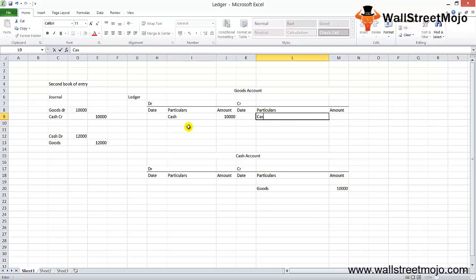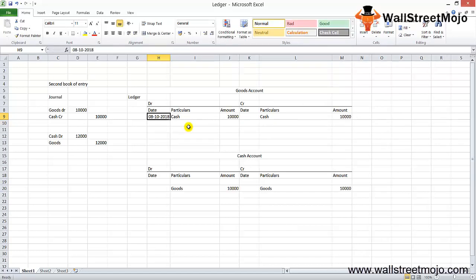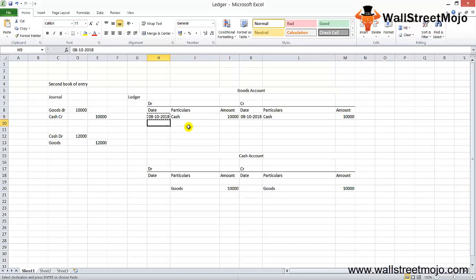Now the cash is coming in, and the goods will be credited over here because they are going out. And let's say these are all of the same date. Let's take it as 8 10 2018. So let's keep the date the same for all.